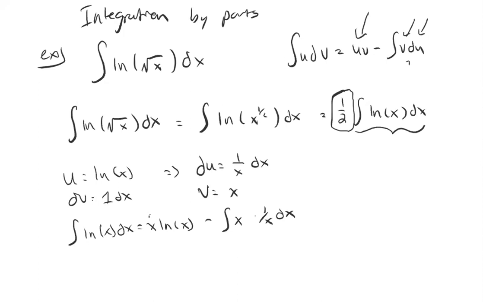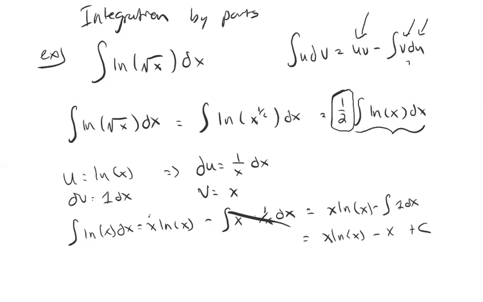Well, observe the cancellation here. So what this really boils down to is x ln of x minus the integral of 1 dx, which is x ln of x minus x, and then we have our arbitrary constant. Okay.